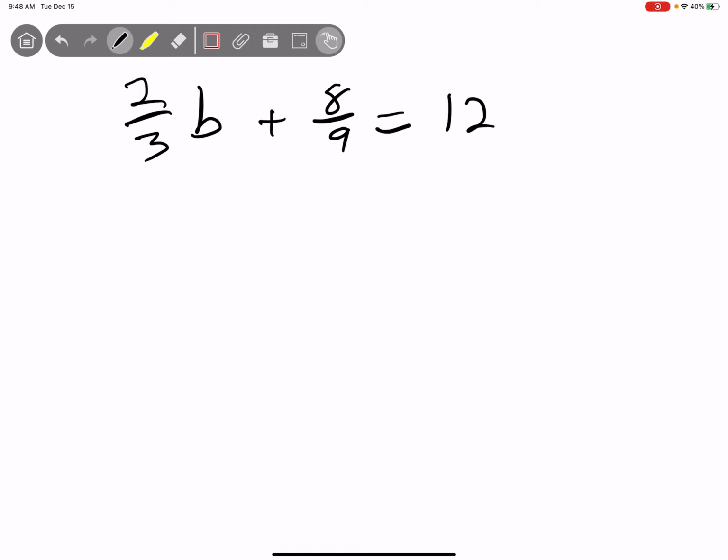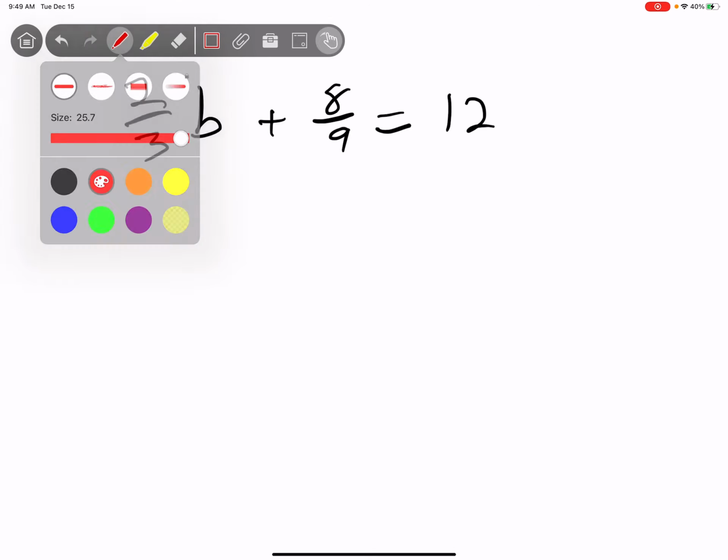What if I told you that for more complicated problems that might have 3, 4, 5, 6 different fractions, you can just eliminate them? How do I eliminate them?